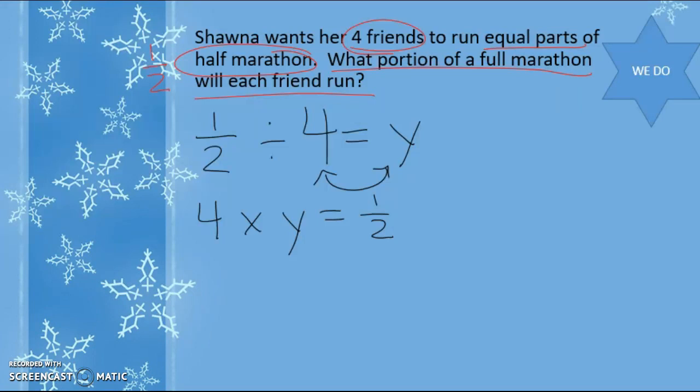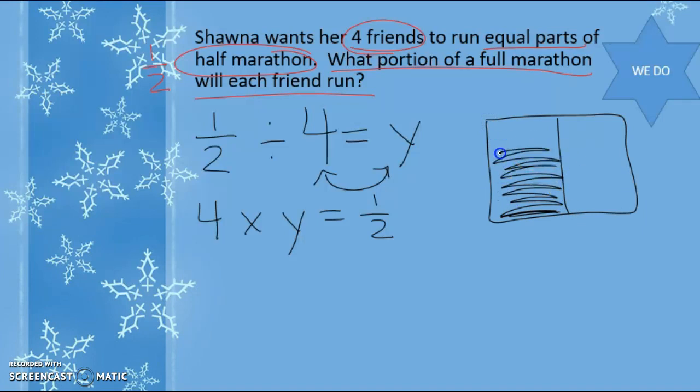Let's divide our model. So here's the whole marathon, and here is half of the marathon. If we take this half of the marathon and split it into 4 parts, how much of the whole marathon is each part? Let's see. 1, 2, 3, 4, 5, 6, 7, 8.